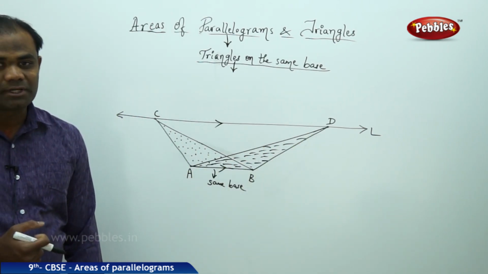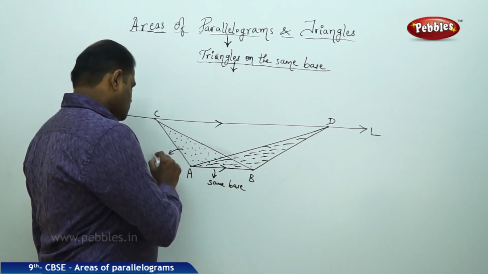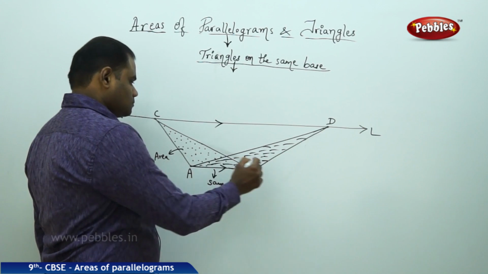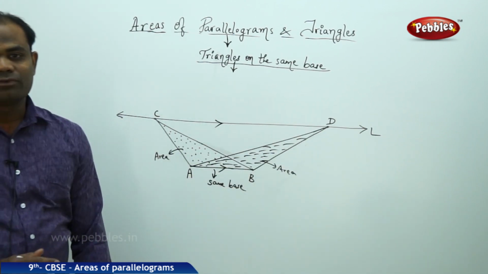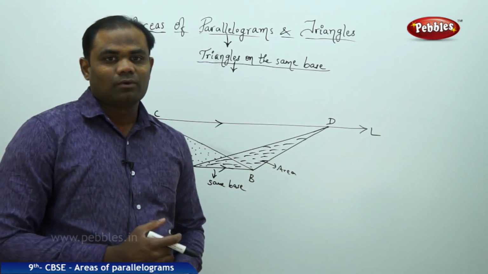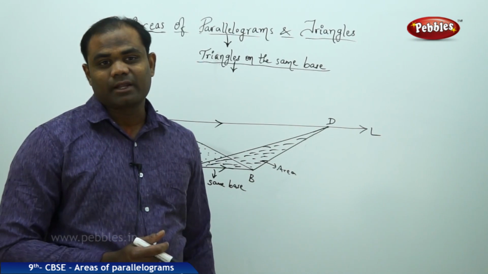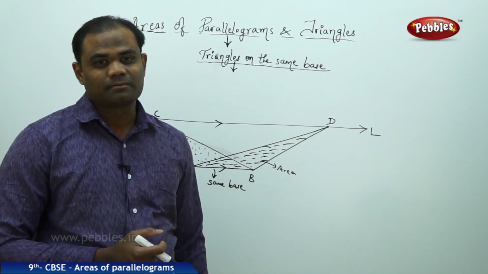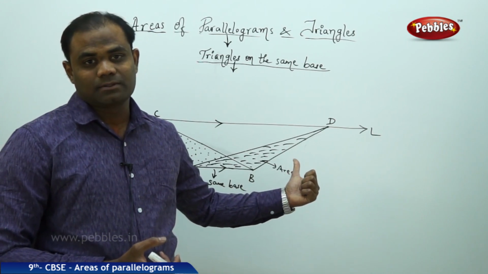Now the investigation comes to prove whether area of this and area of this are equal. So we are going to see how we can connect the areas of these two triangles which are on the same base and between same parallels, investigating the property for triangles.